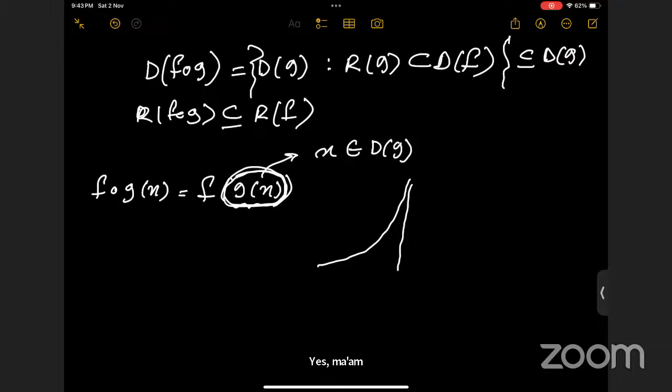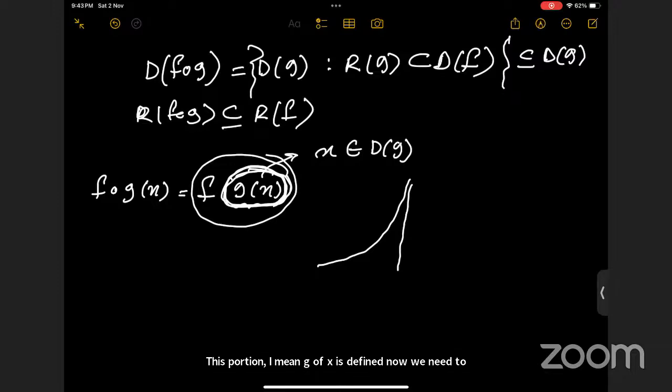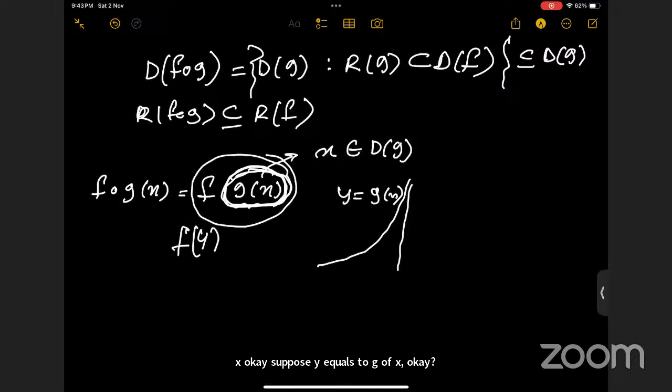Now, once g of x is defined, we need to define the whole term, f of g of x. Suppose y equals g of x. This is a defined number. So now we need f of y to be defined. That means this y should be in the domain of f.